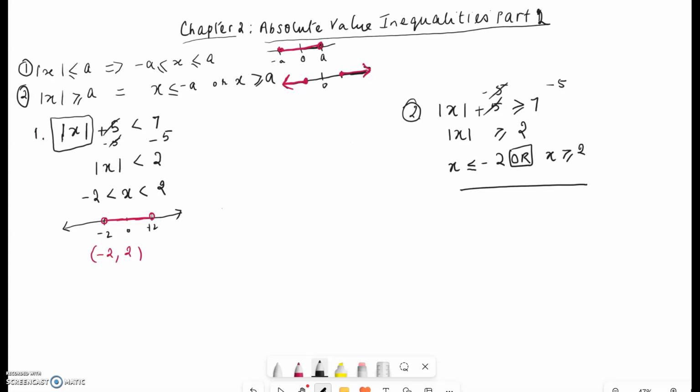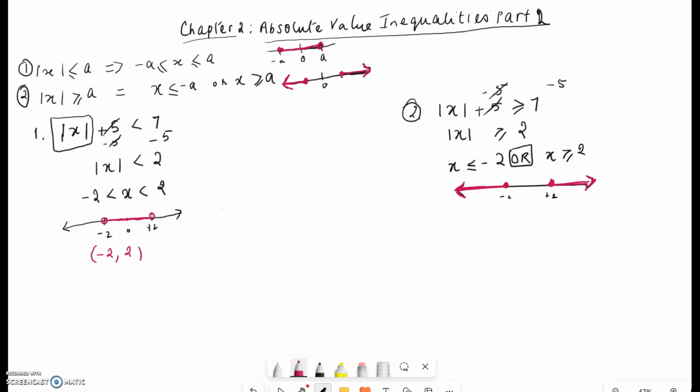So let's graph this. This is -2 and this is +2. Include the -2 because it's less than or equal to, and include the 2 here. X would be greater than, which means everything to the right.